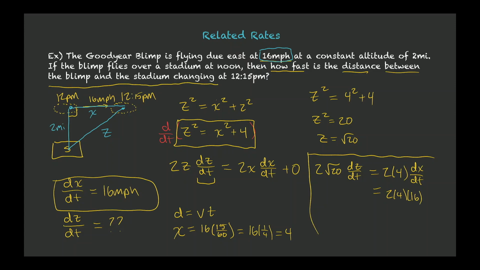Okay, so overall we can solve this pretty easily for dz/dt just by dividing. So we'll have dz/dt is equal to 2 times 4 times 16 all over 2 times the square root of 20. Okay, so now it's just calculator time. We throw this all into our calculator, and we'll get approximately 14.3 miles per hour are the units in distance changing in this problem.